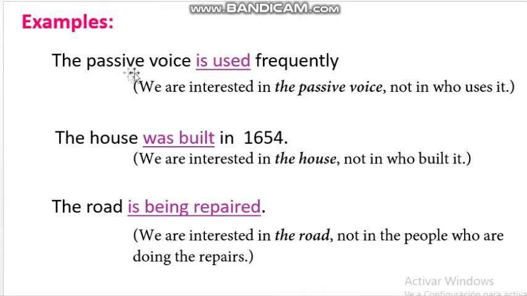When we say the passive voice is used frequently, we don't say by whom or who is the person who uses the passive voice. The house was built in 1654. The same. We are interested in the house itself, not in who built it. It doesn't say who built it, because maybe it's not important on this occasion.